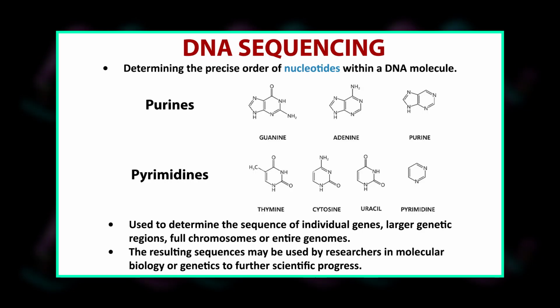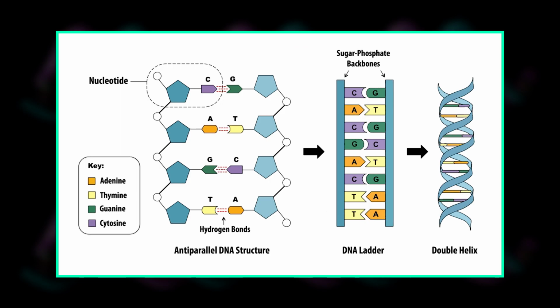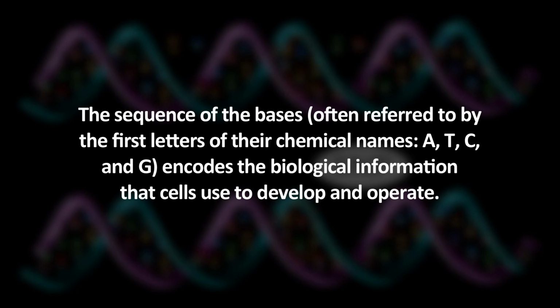DNA sequencing refers to the general laboratory technique for determining the exact sequence of nucleotides or bases in a DNA molecule. The sequence of the bases, often referred to by the first letters of their chemical names, adenine, thymine, cytosine, and guanine, abbreviated as A, T, C, and G, encodes the biological information that cells use to develop and operate.